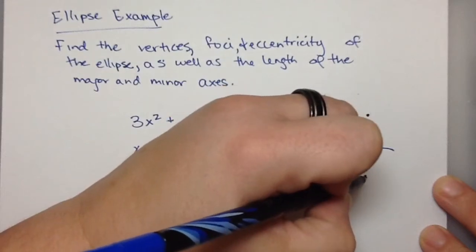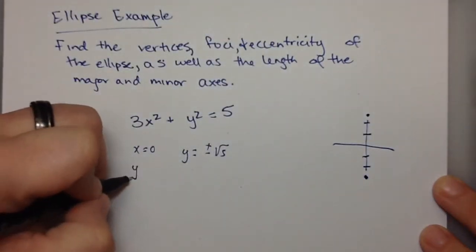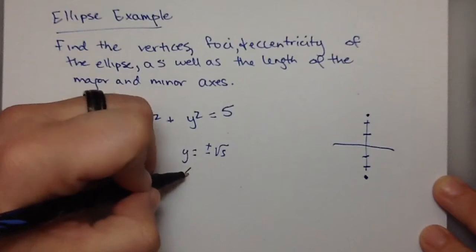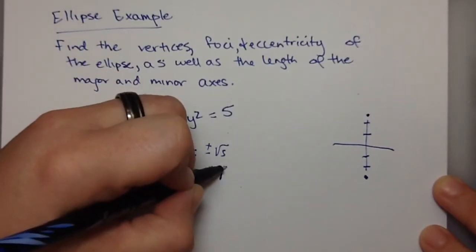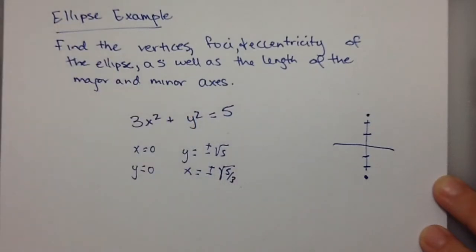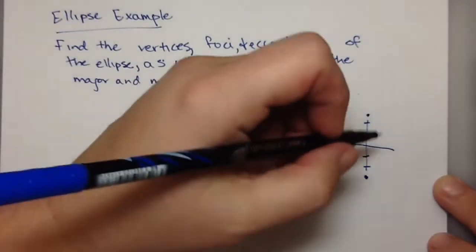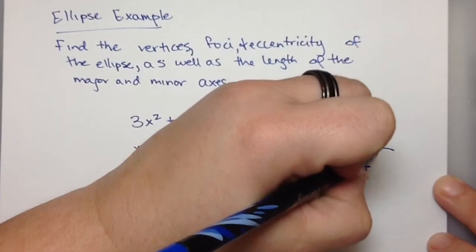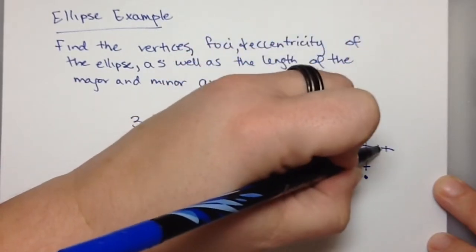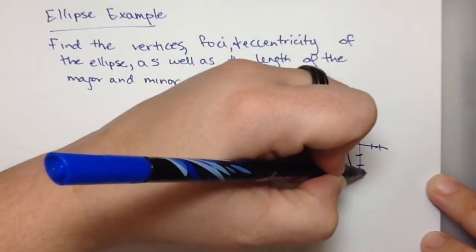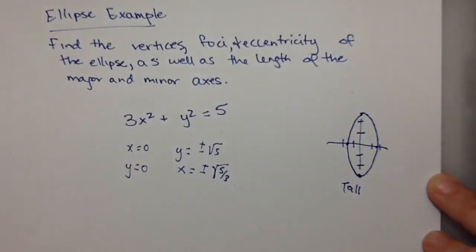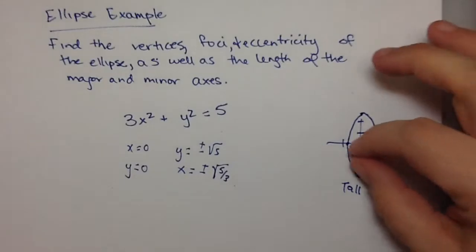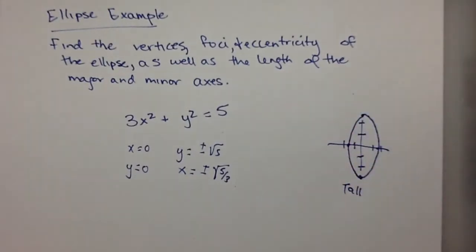And when y is 0, x is plus and minus the square root of 5/3, which is a little less than 2. So this is a tall ellipse, not a wide one. So your major axis is going to be this one. Everybody okay? I hope that makes sense.